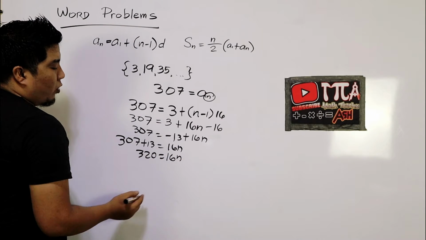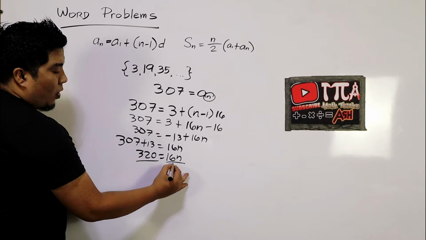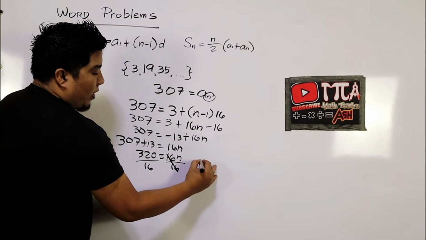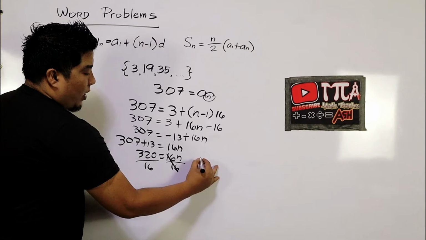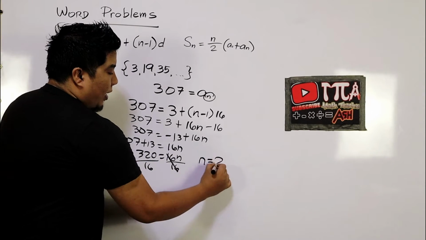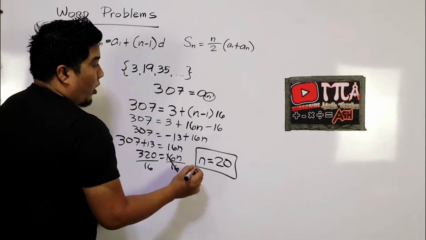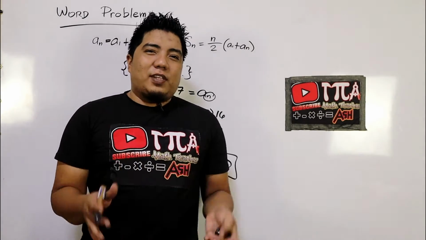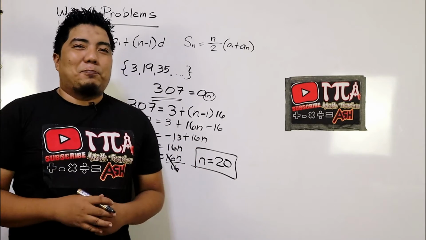In order to solve for n, we divide both sides by 16, giving us n is equal to 320 divided by 16, and that is 20. Therefore, 307 is the 20th term of the given sequence.